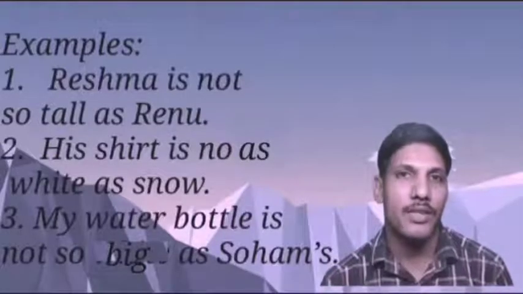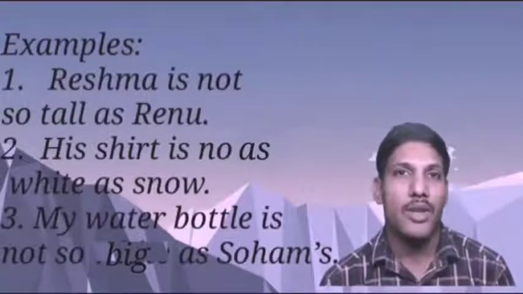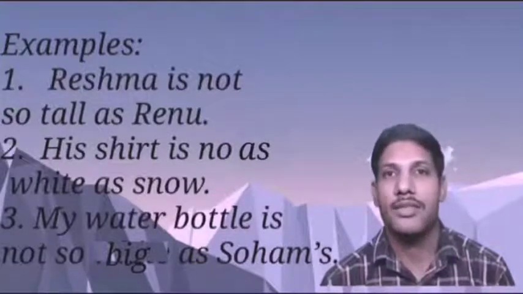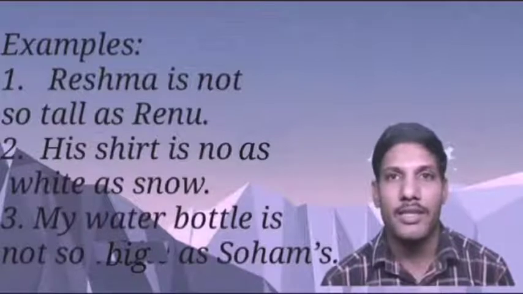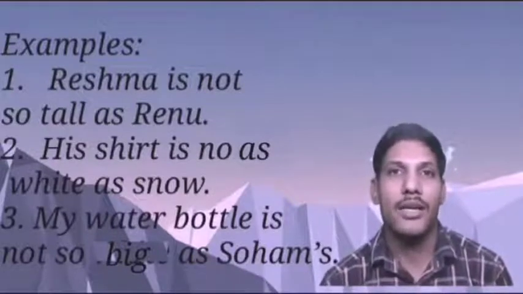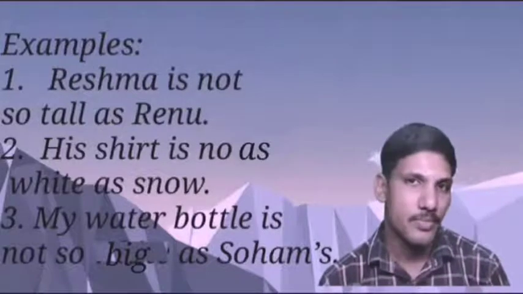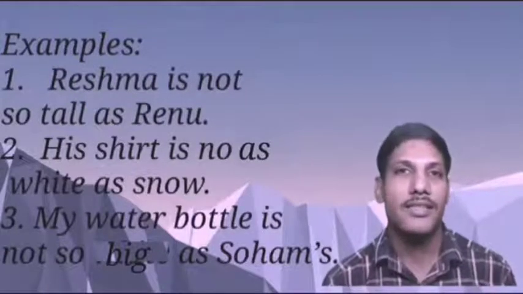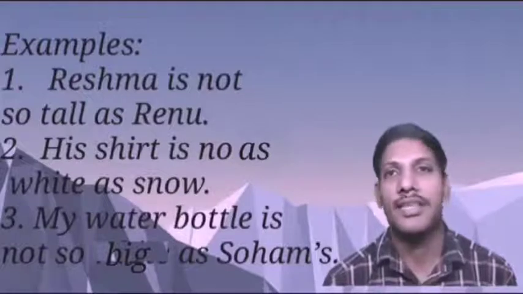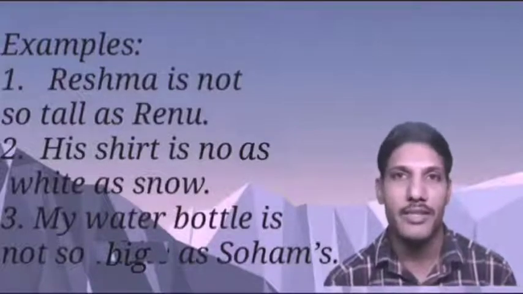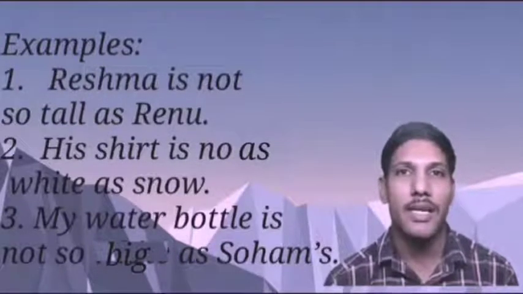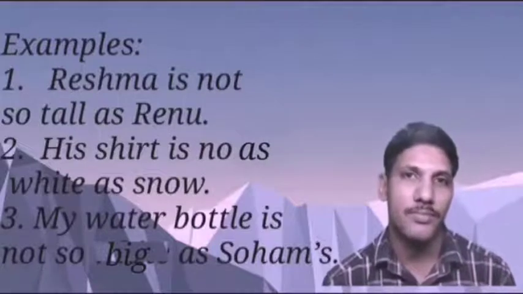Let us see some examples. First one. Reshma is not so tall as Renu. Here, Reshma and Renu are compared with regard to their height. But the idea given is that Renu has greater height. That is, Reshma is shorter.